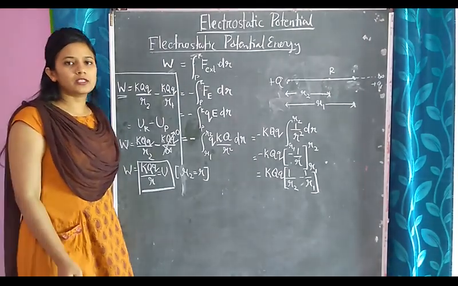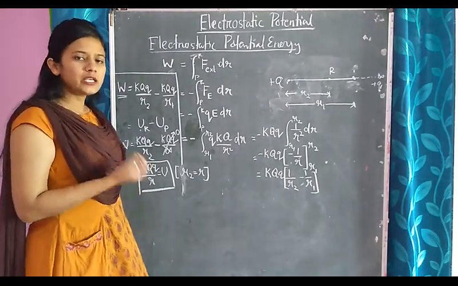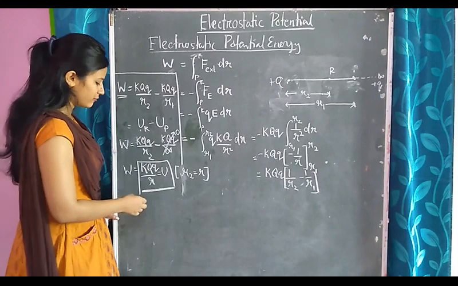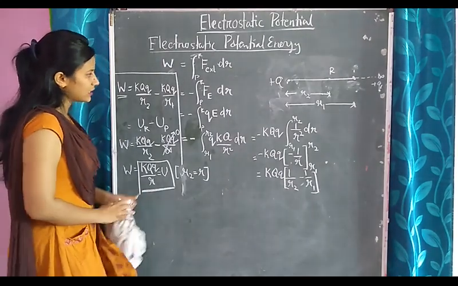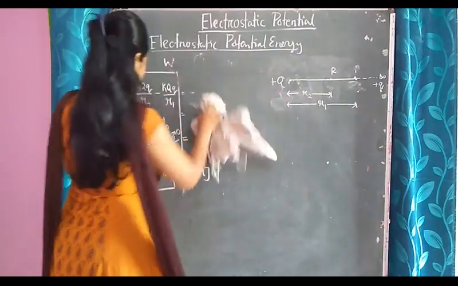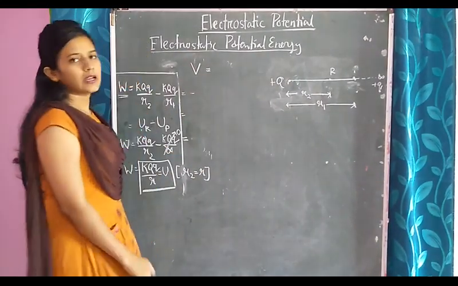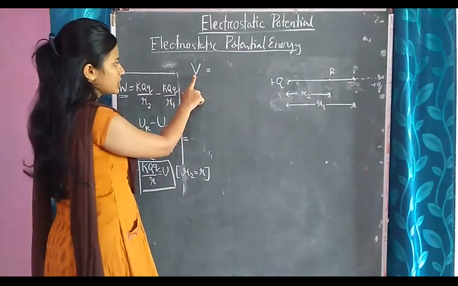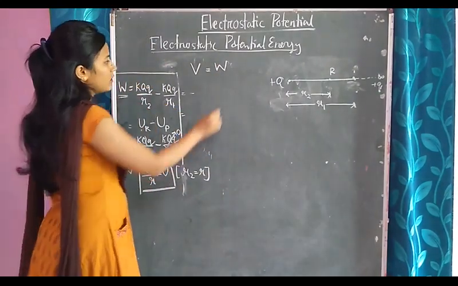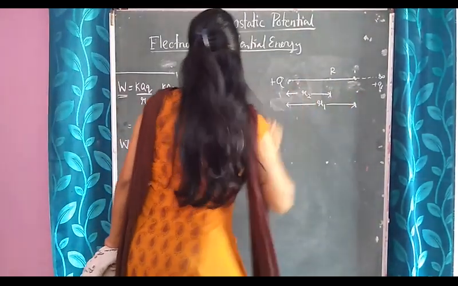Then I will define what is electrostatic potential. Electrostatic potential is the potential energy per unit charge. That means how will I define the potential? We will define it by the letter V. Electrostatic potential is the work done in bringing a unit charge from infinity to that point.